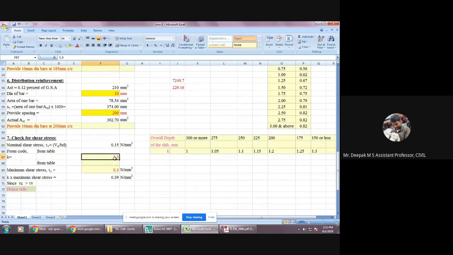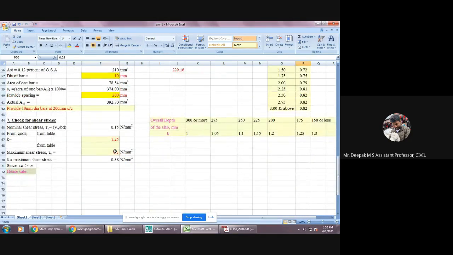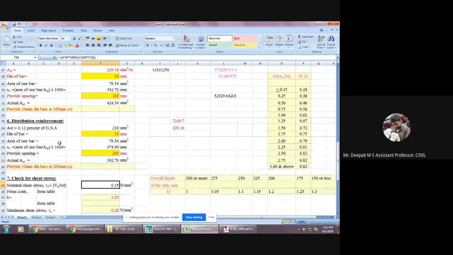Tau value also is calculated, and since it is more than 150 mm, 175 mm, I am multiplying this factor by 2. Okay. Maximum shear stress here is 0.15, it is going to be 0.28. The tau c value is greater than tau v value, so the check for shear stress is also done.